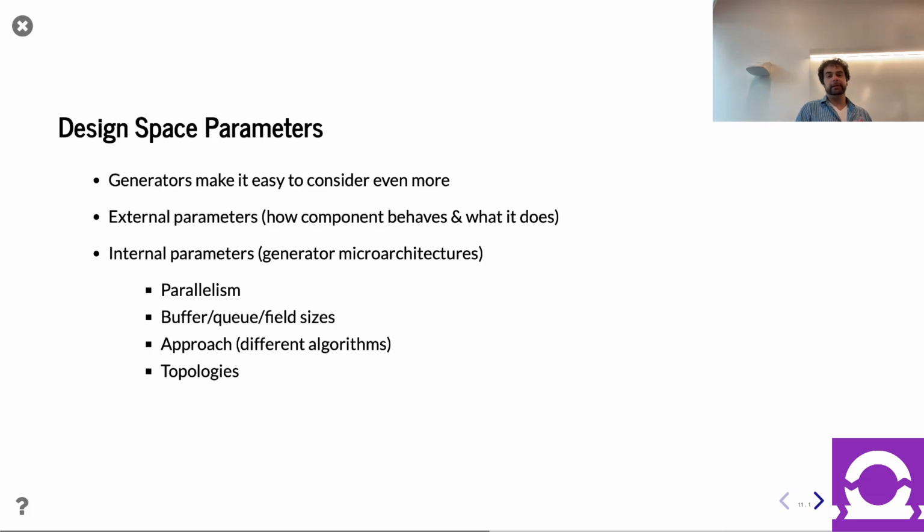And there are parameters that aren't as externally visible: how much parallelism is internal, how much hardware is there, how big are certain internal buffers or queues. Maybe you have a really sophisticated generator with multiple fundamentally different microarchitectures, and thus you can choose different algorithms, or maybe different topologies. We had a network generator before, right? So these things all come together on that front.